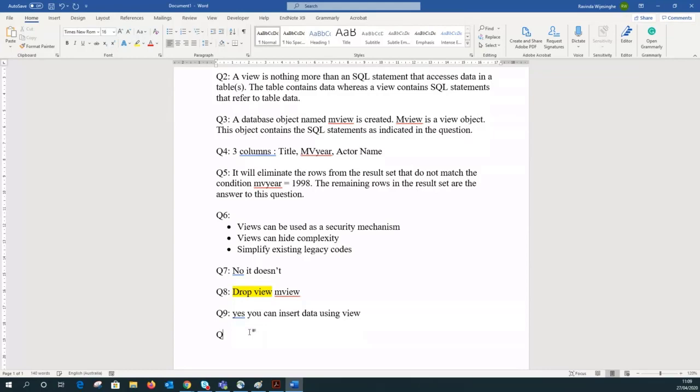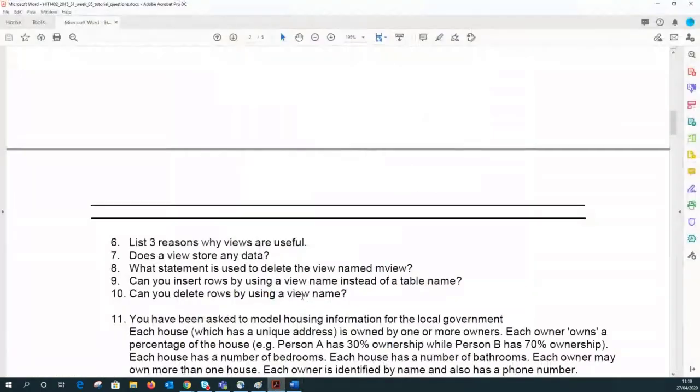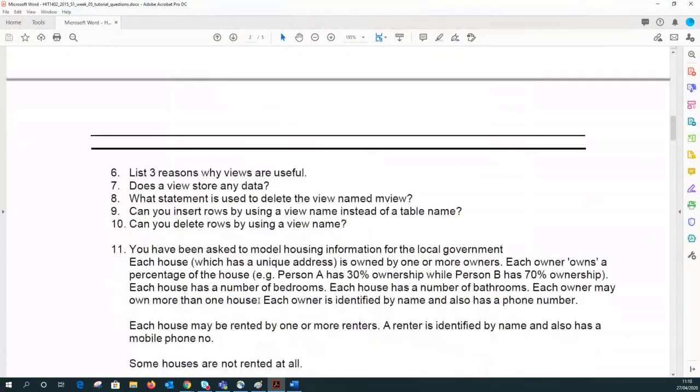Question 10. Can you delete the rows by using the view? Can you delete the rows using the views? Now, once you insert the data using a view, you can also delete the data using the view.